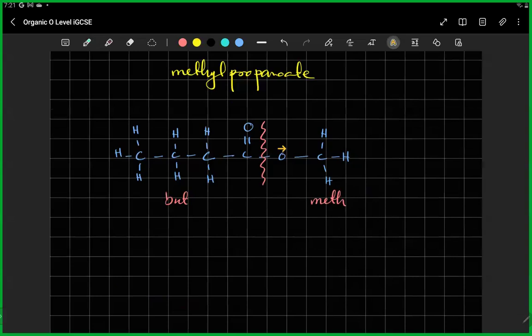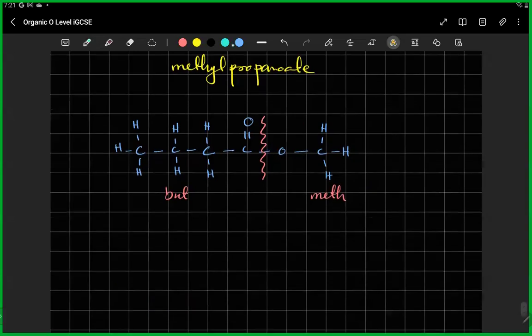The side which has this single oxygen over here will be called yl, and the double bond O side will be called oate. So the name of this molecule is going to be methyl butanoate. You put the two things together, and that's the name of the ester. Remember, all esters have this functional group, that's your ester link.